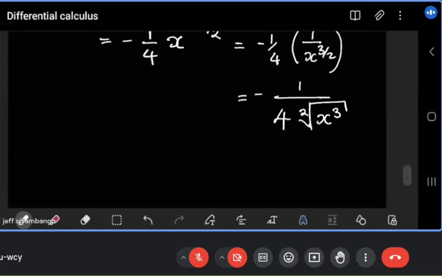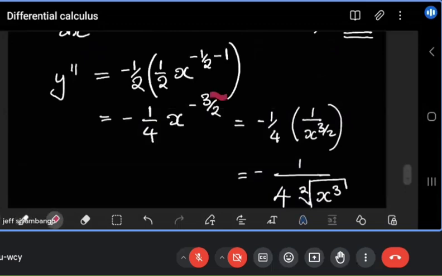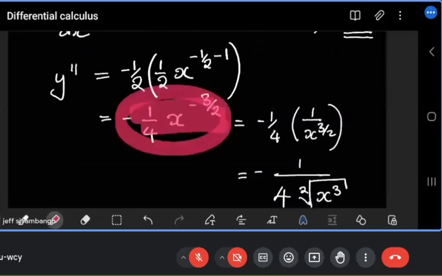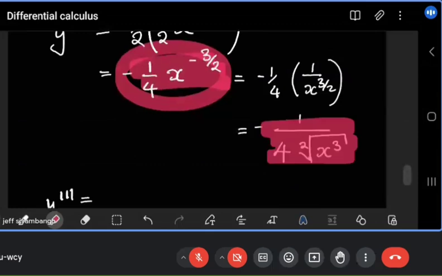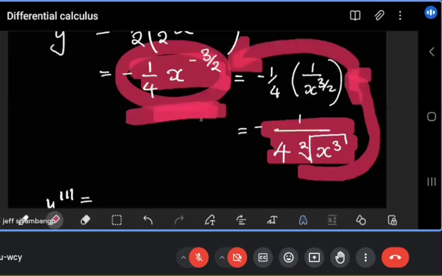From there, we can even get the third derivative. But for the third derivative, again, when differentiating, I will always prefer to differentiate this version of it. Remember, this is the same as this, but differentiating it from here will be weird. So even if I was given this, I'll first take it to this form, then from this form, I'll take it to this form. This is its version that I will differentiate.